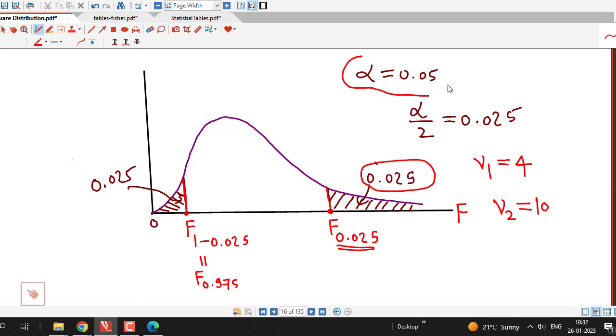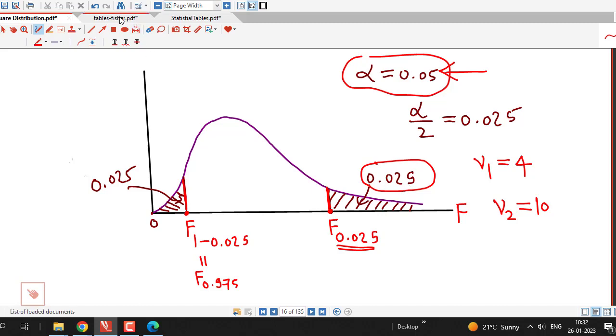Here alpha is 0.05, but we will not use the F table for 0.05. We will use the F table for 0.025 level of significance, because we are dividing this into two equal areas such that the area to the right side of this point is 0.025.